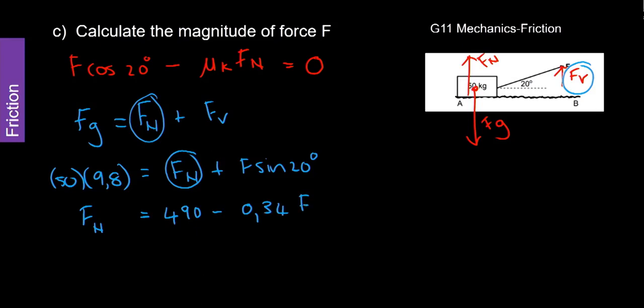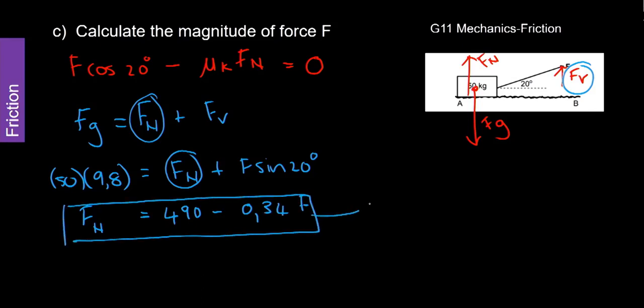What are we going to do now? We are going to put this into our original thinking around finding the force F. So let's substitute it in, and we're going to get this. Force cos 20 degrees. We're almost there.